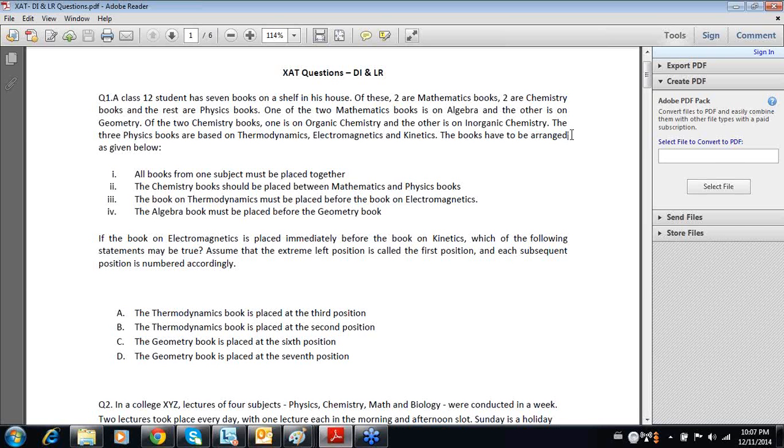If you clearly observe, that examination always has one of the best LRs in all the examinations. So LR you have to practice, and practice very well. And also during the examination, just remember that when you are attempting the questions, LR will take a lot of time.